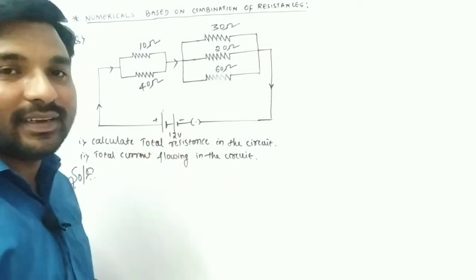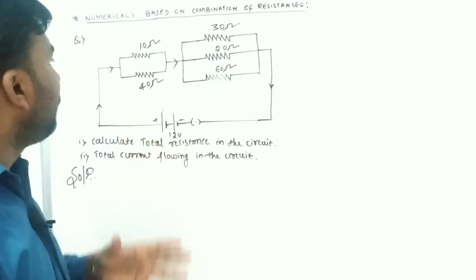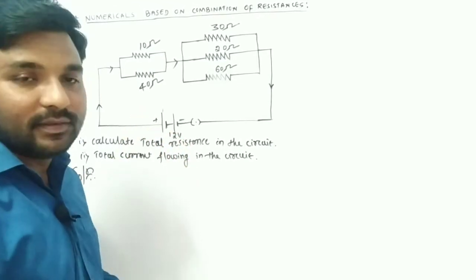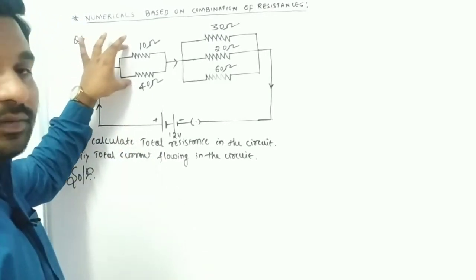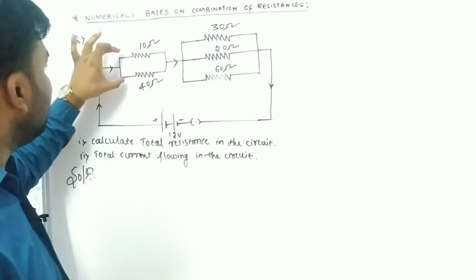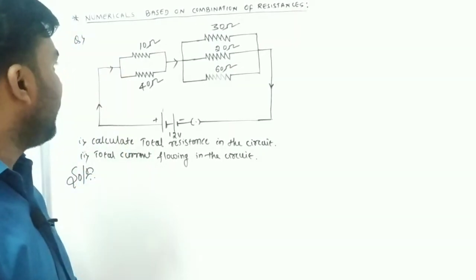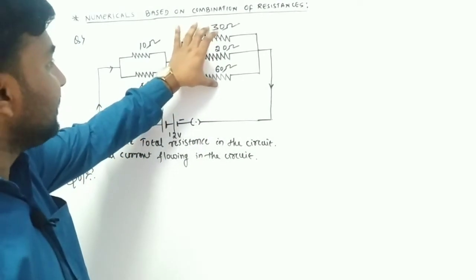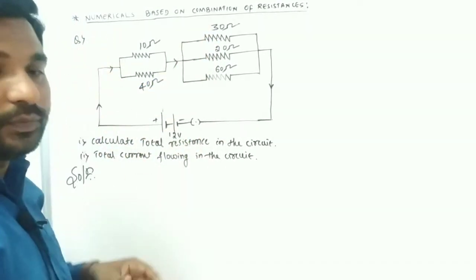Now look at the circuit diagram carefully. Here we have 5 resistances. Now you just look at here. These two resistances are in parallel combination. And these three also are in parallel combination. So first you solve for these two.